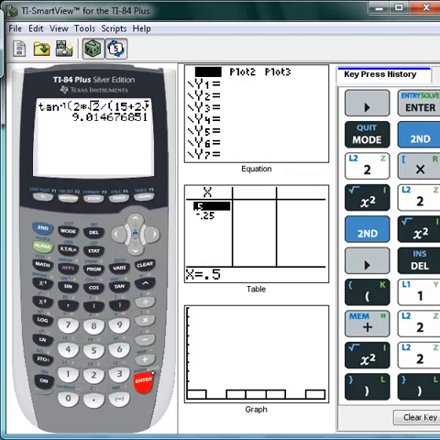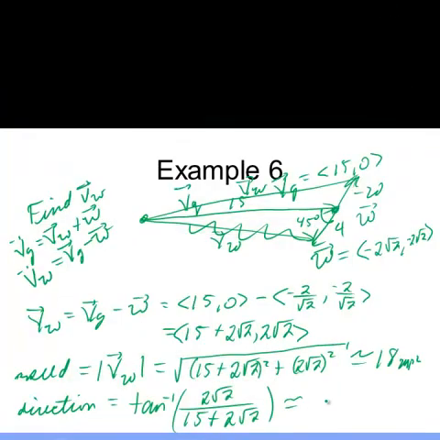And that gives us about 9 degrees. So 9 degrees heading on the water with a speed of 18 miles per hour, together with a direction of the water at 45 degrees to the southwest, and water speed at 4 miles per hour.